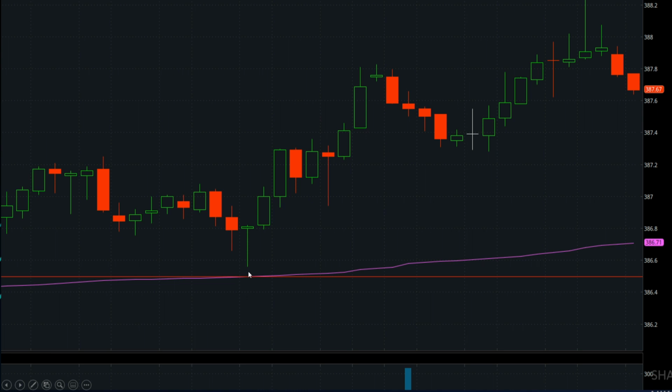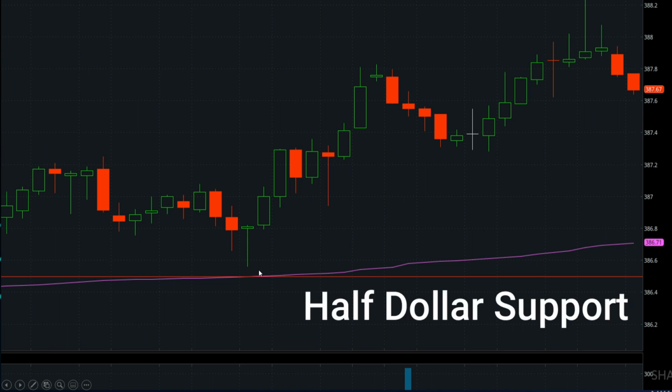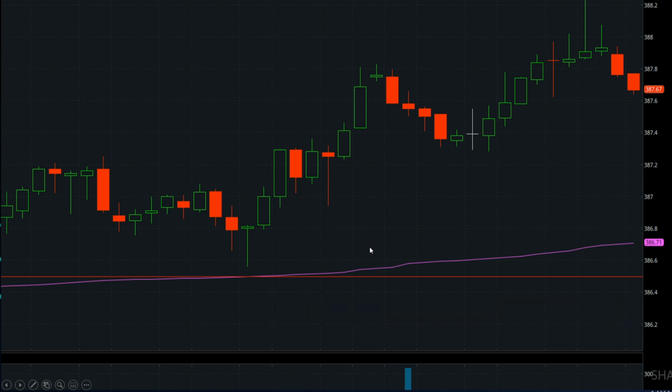Not only is this the VWAP here at around 386.50, it's also a half dollar level of 386.50, and traders follow half and whole dollar levels, especially if they've been confirmed previously like this 386.50 level. When we get the pullback and the VWAP and this major support level that we've identified coincide right at the same area, that's going to help your bounce happen a lot easier.